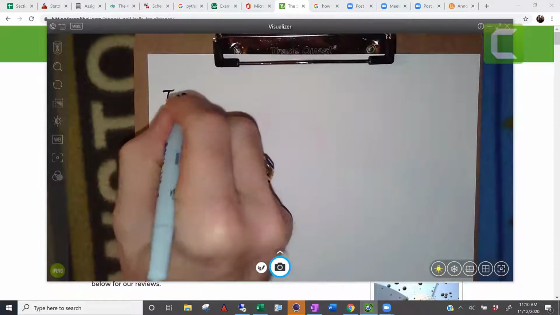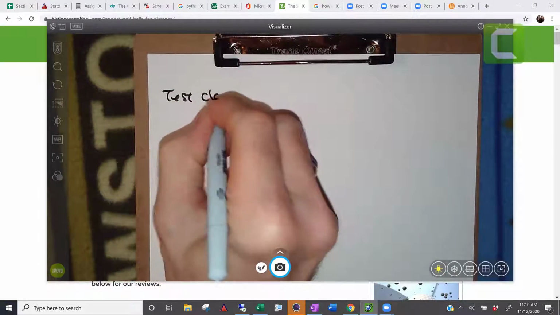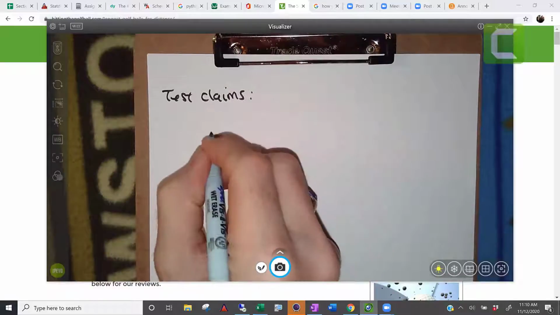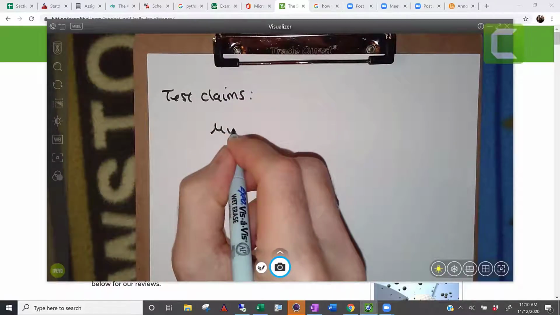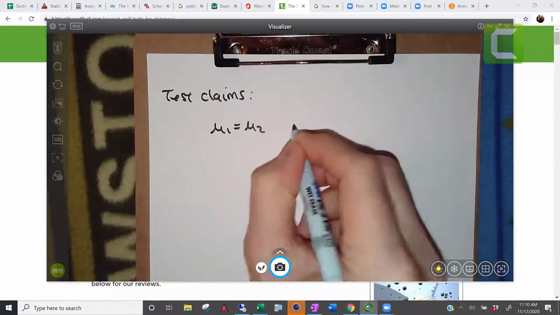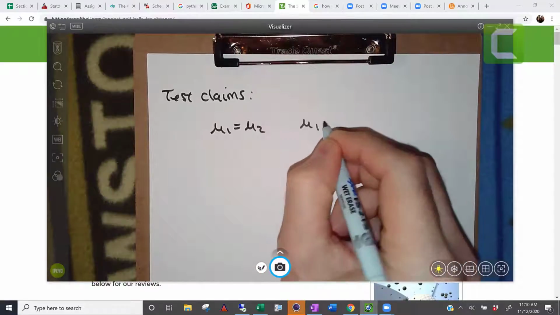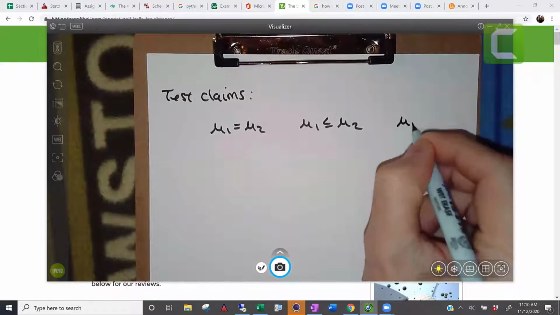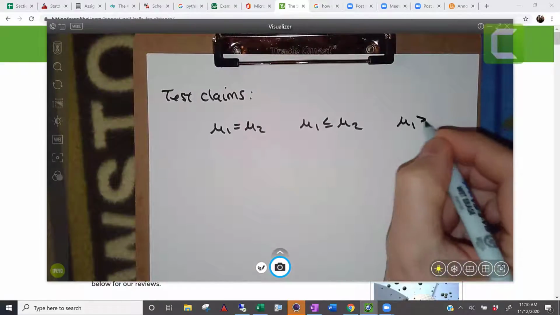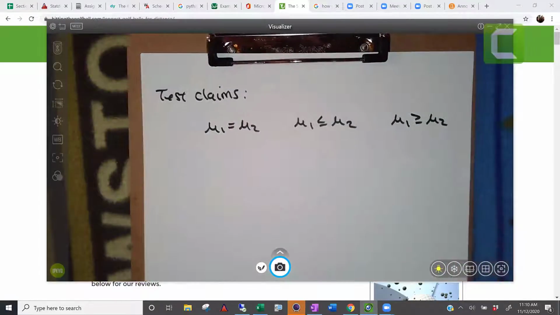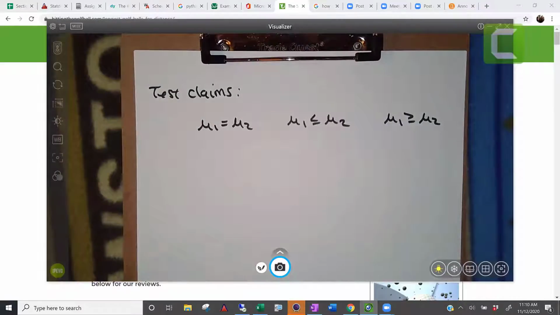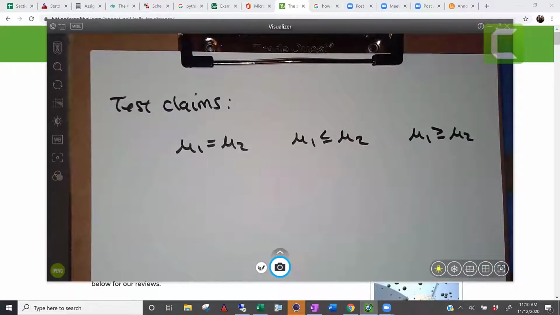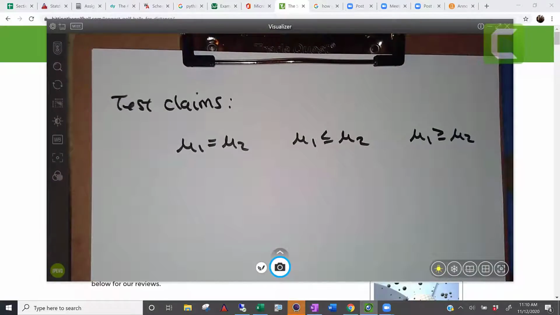So we're going to test these types of claims: that mu1 equals mu2, that mu1 is less than or equal to mu2, or that mu1 is greater than or equal to mu2. Now, so far, that seems like the same kind of test that we did back in section 9.2. And you're right, it is the same kind of test.